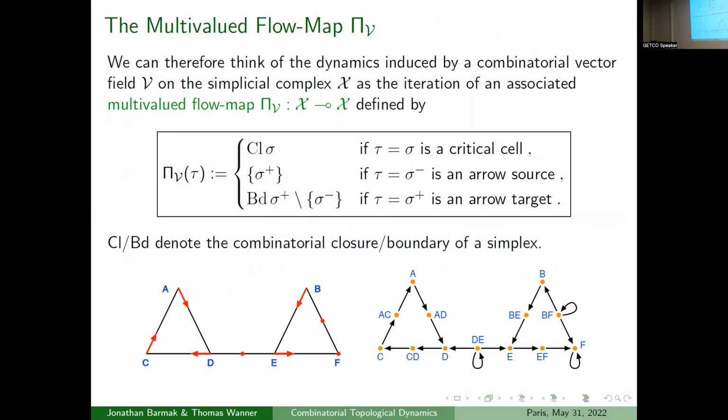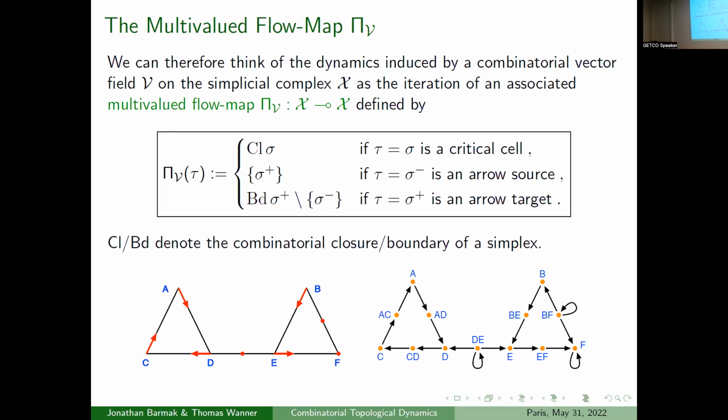I take my collection of simplices, and the image of a simplex is now a collection of simplices, based on what tau actually is. If tau is a critical cell, I could move back to tau, but I could also go anywhere into the closure. So I'll talk about the combinatorial closure here as the set of all faces of sigma. If I'm sitting at an arrow source, I have to move to the arrow target.